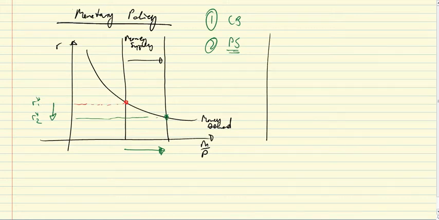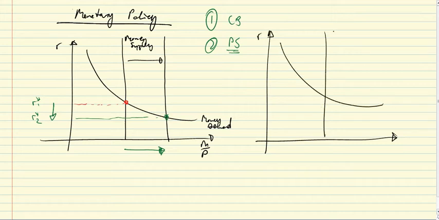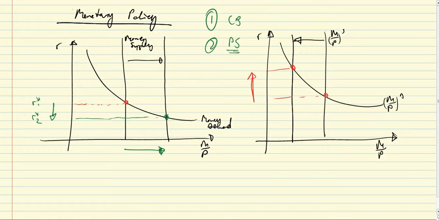You can of course make the same argument in the reverse direction. So you have MS here and MD here, so that a reduction in the money supply implies this rise in interest rate. Again, what has happened here? Well, the central bank now goes out and sells bonds.